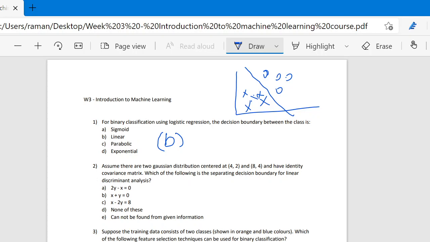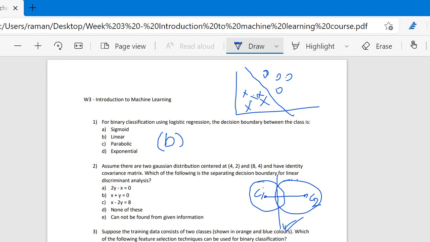If we recollect, if they have identity covariance matrix, the shape will be circular and the decision boundary will be perpendicular to the line joining those centers C1 and C2.